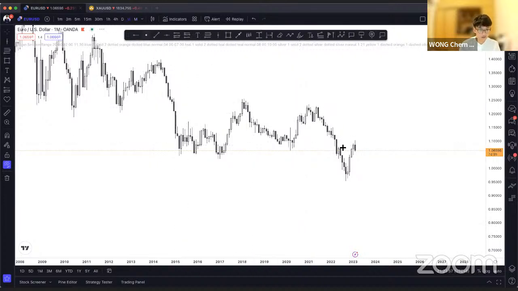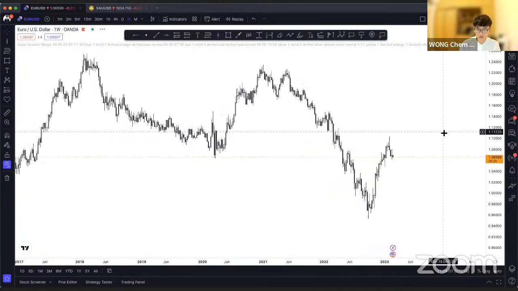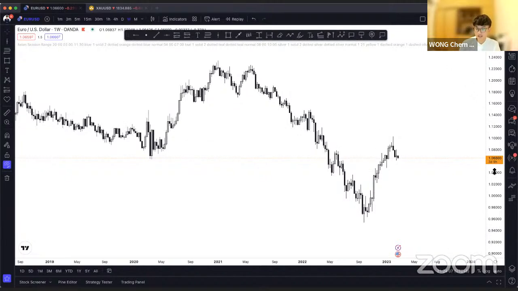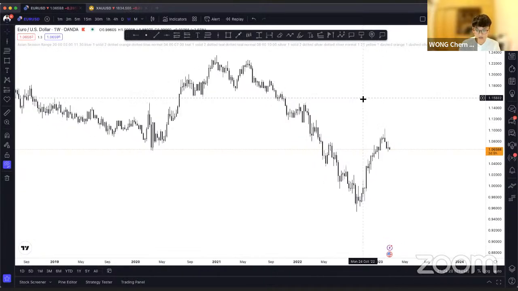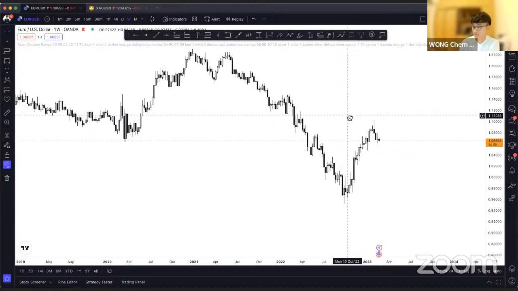If we go down to the weekly time frame to take a quick look, we notice that price has been bearish for the past few weeks, with the exception of last week that came out with a very weak bullish candle. Looking at the charts right now, we can see that since last year, about September, October, price has been very bullish.